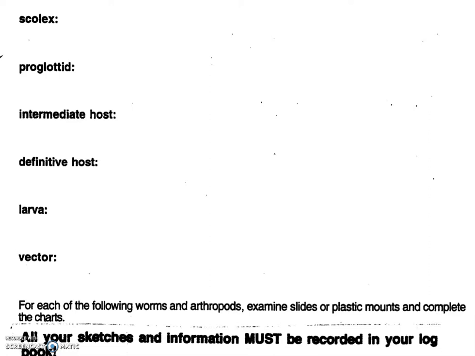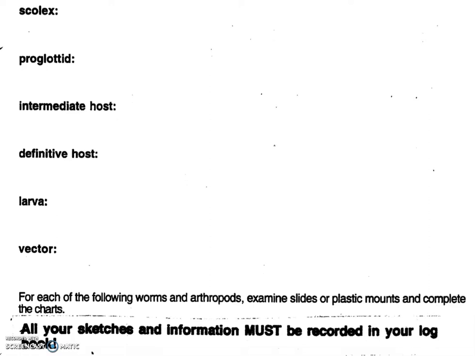Now, two terms that you should definitely also know are intermediate versus definitive host. An intermediate host is one that harbors the larva or asexual stage of a parasite, versus the definitive host, which harbors the adult or sexually mature form of a parasite. Now, larva is the sexually immature stage of a worm or an arthropod.